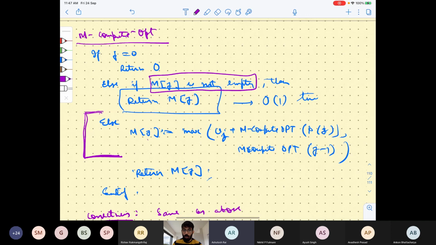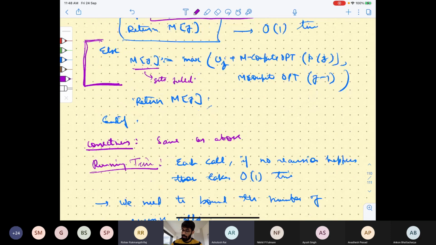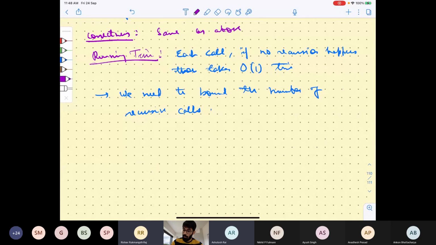Also, every time it goes into the recursive call, one M[j] gets filled. Since it is empty, this M[j] gets filled. And okay, we can have at most j recursive calls then, because all the values will get saved. Exactly. So we take a measure of progress, how are we making progress.